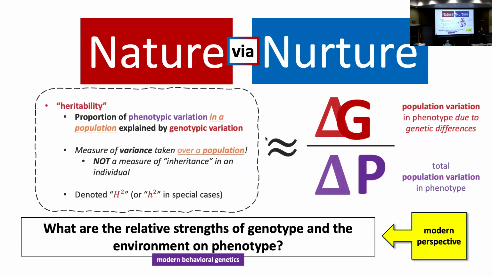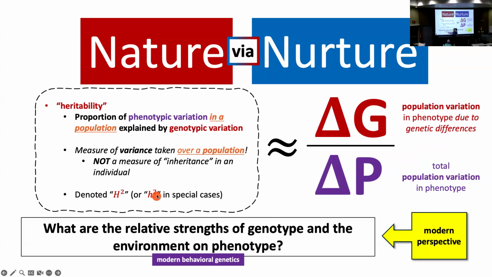Okay. And that gets us to another definition we'll talk a lot more about next time, so-called heritability. So what is heritability? For now, I'm going to say this is sometimes denoted capital H squared or lowercase h squared. Usually people only talk about lowercase h squared, and I'll talk next time about what's different about these two.